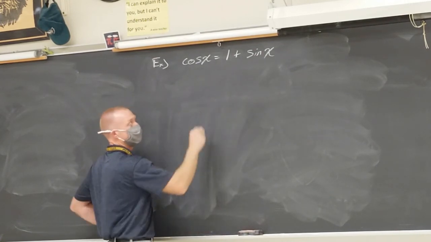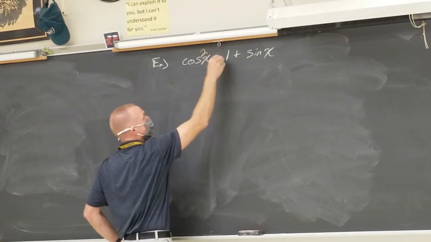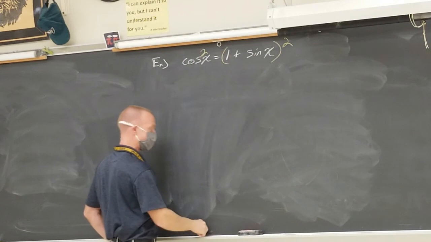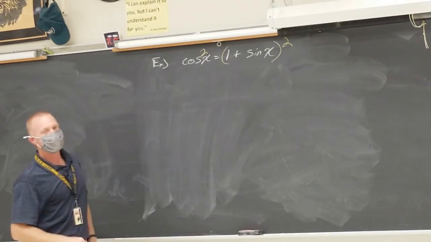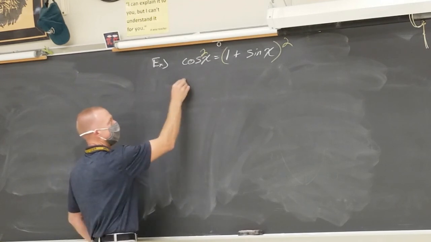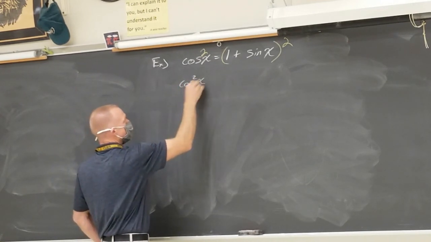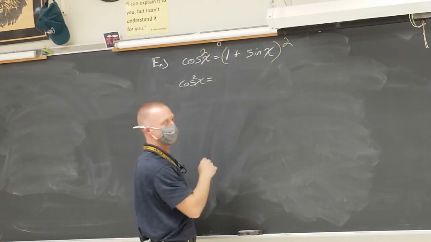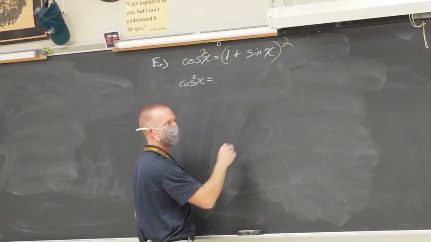Now, the trick is squaring both sides. And this is going to be correct, so I would suggest that you write it down. So, squaring both sides. Take a look at what happens. Now, you get cosine squared. That's pretty easy. But please, please, please square 1 plus sine like a FOIL problem.